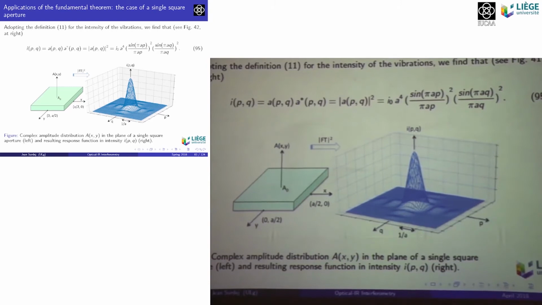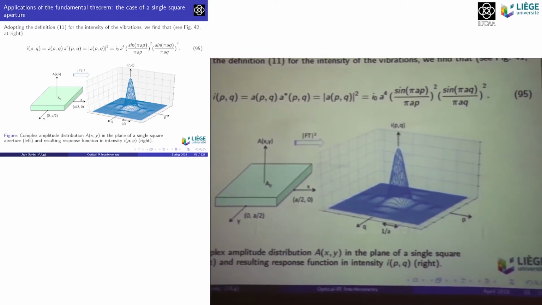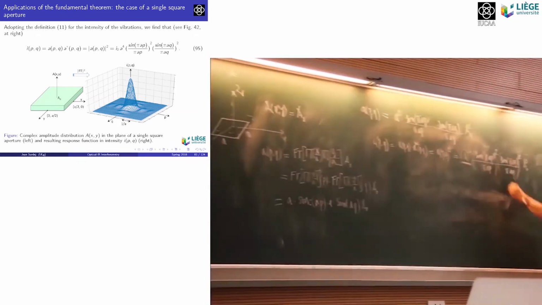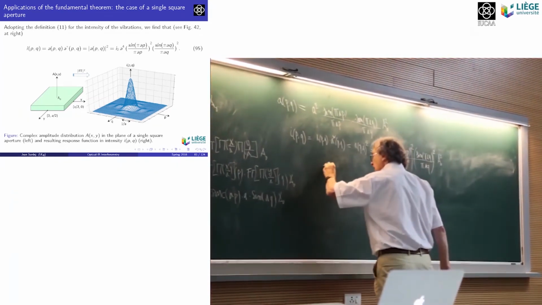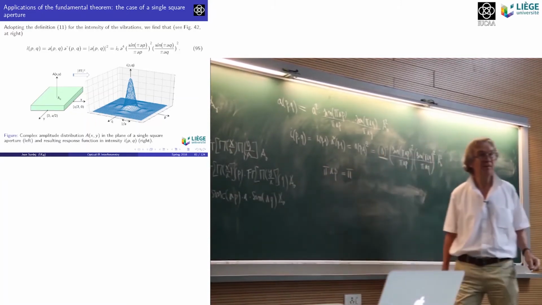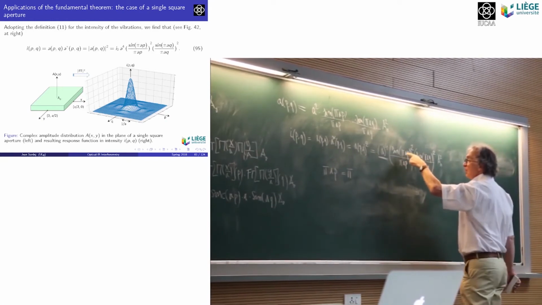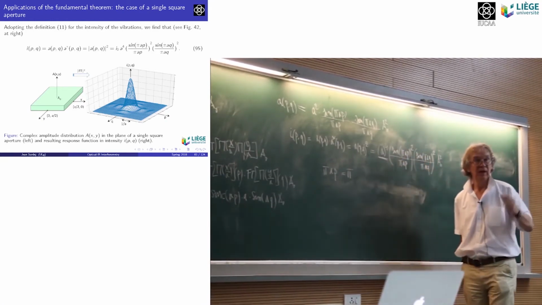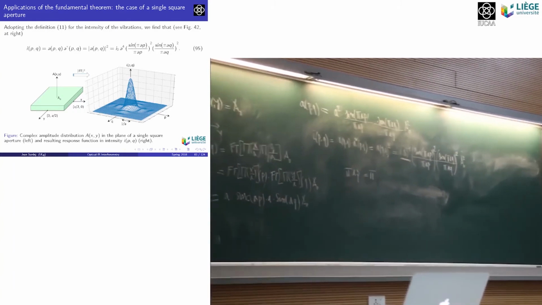So let's try to find out what is this angular size. Do you agree that the sine will be equal to 0 if pi times a times p is equal to pi? Because if this is equal to pi, this is 0, so it will correspond to this minimum here.